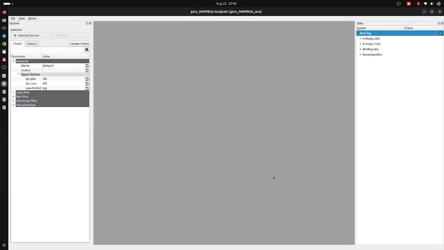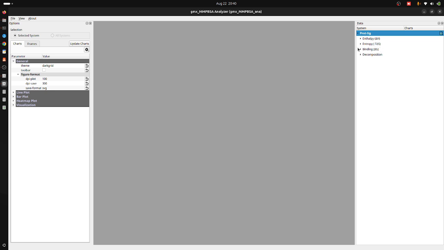We can also analyze from the GMX module, and if our system is graphics based, we can visualize it in a real time system, right? So there's the option, we can see enthalpy, minus TDS, binding, decomposition.